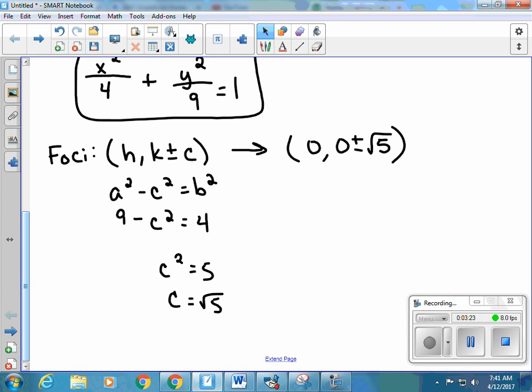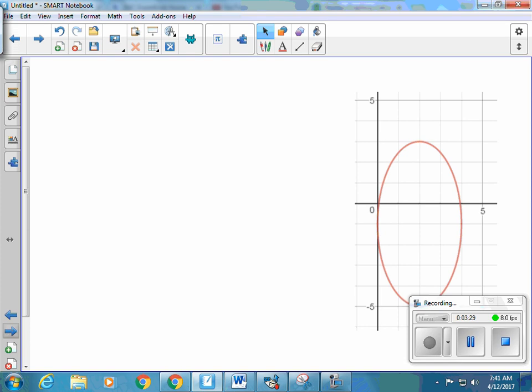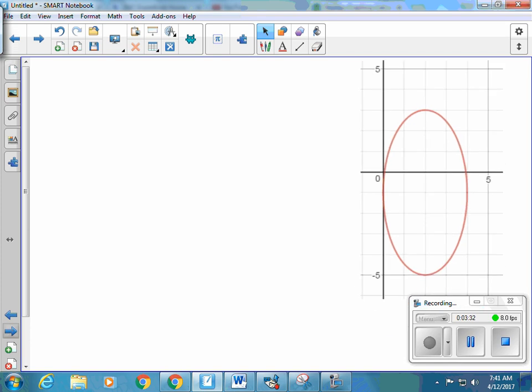Now, like I said, I started off pretty easy because I started with a center of 0, 0. So moving on, let's go with this one. It's not quite at 0, 0. I can see where my endpoints are located. I know the horizontal one for sure.